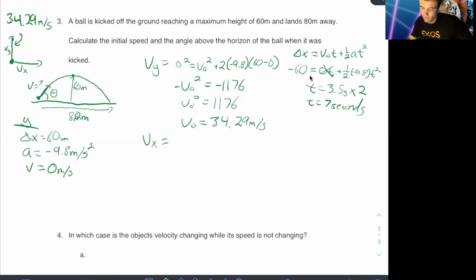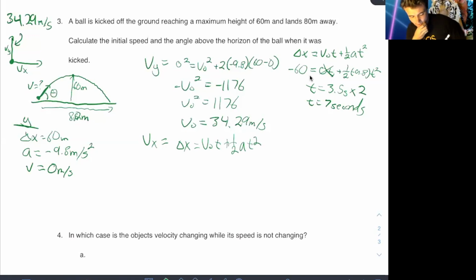Now that we have time, we can plug that in and find the velocity in the x direction. Let's use all of our variables in the x direction with this equation: delta x equals v0 times time plus 1/2 times acceleration times t squared.